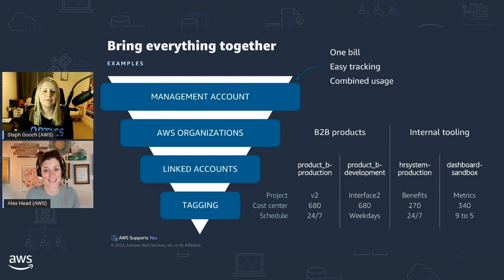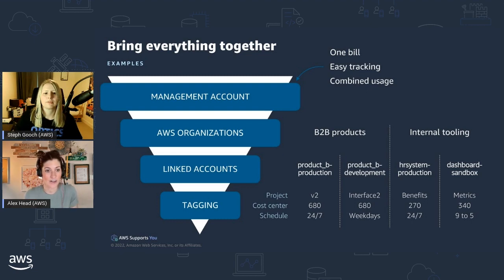And then comes the tagging. Steph and I differ a little bit on this. I think the top 3 tags that every single resource should have are, first, the project: is it version 2 project or this project for that?